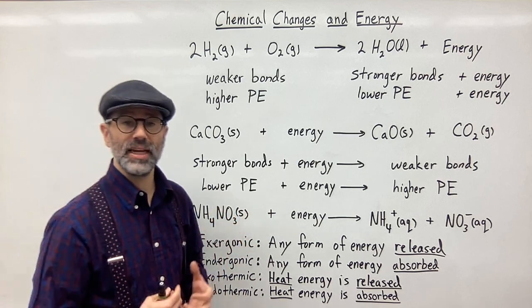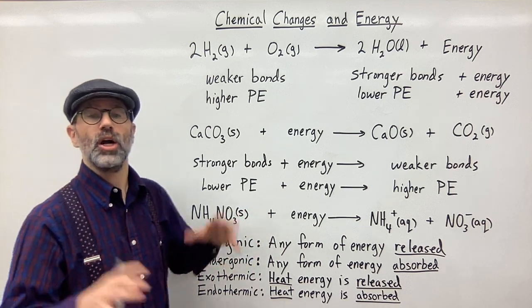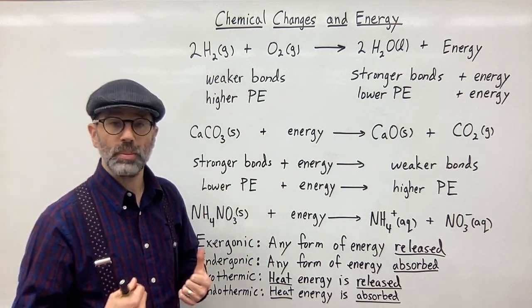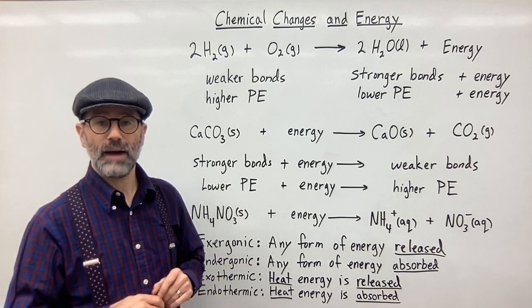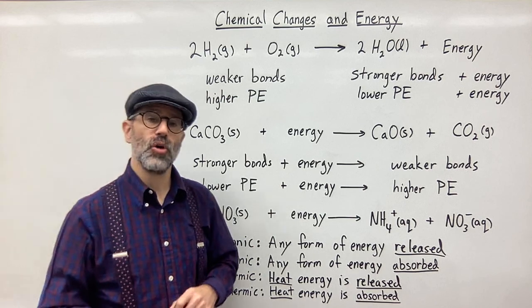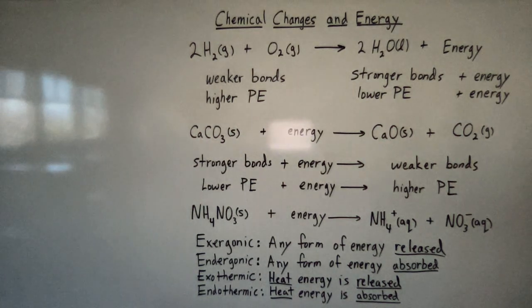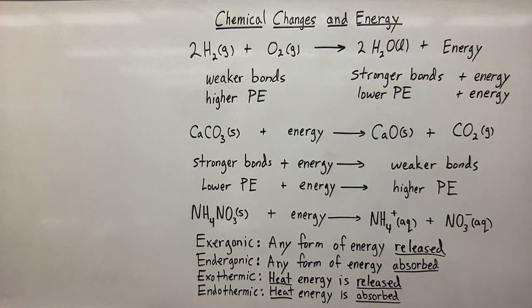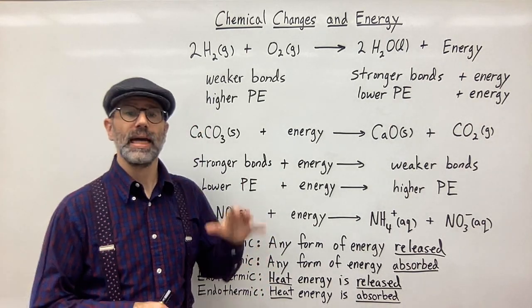And by absorbing the heat energy, it's lowering the average kinetic energy of the surroundings, and therefore it lowers the temperature. Sorry about that. And so that's how we can understand the relationship between energy and chemical changes.